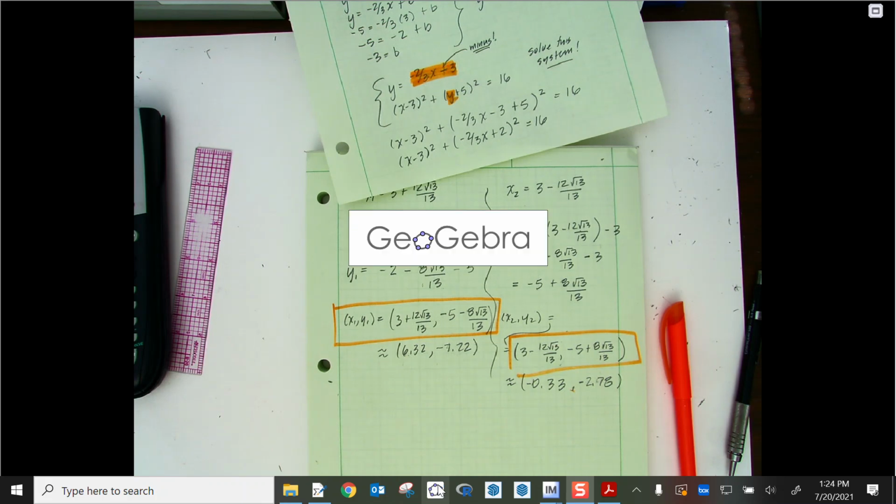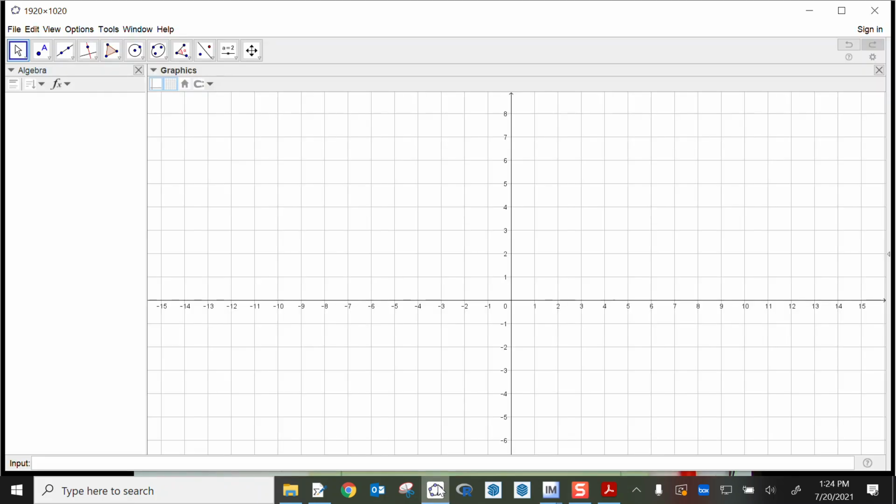Certainly a more involved problem than the previous two. So I guess the first thing we need to do is put in our equation for the circle, x minus 3 quantity squared plus y plus 5 quantity squared equals 16.